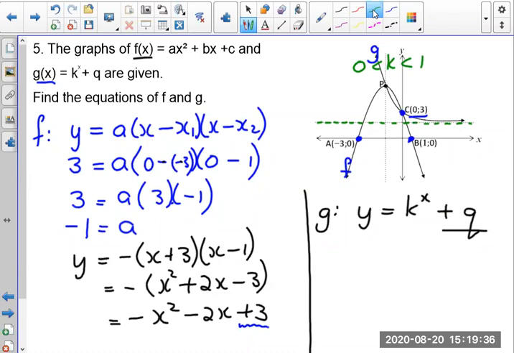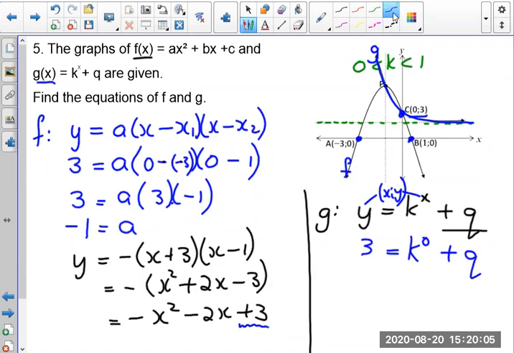But you know that x and y are the coordinates of a point. Now, if you look at your exponential graph, can you see that you have the point C? So you're going to substitute that point. So y is 3 and x is 0.